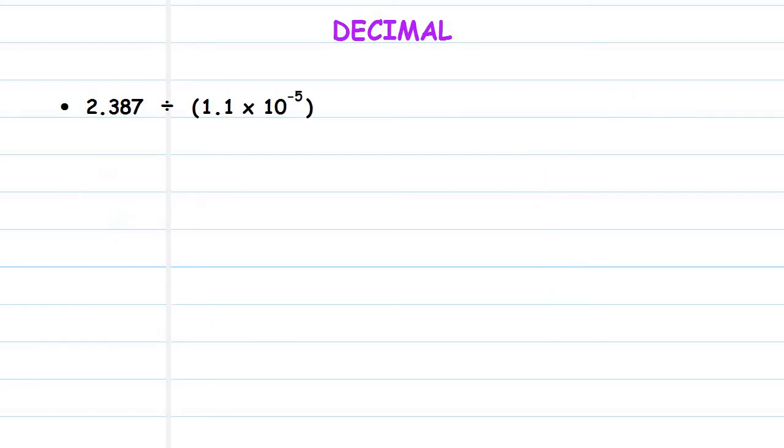Now let's try something that looks a little bit more complicated, but we can still use the same concept to solve this. This is equal to 2.387 over 1.1 times 10 to the negative 5. The first step is to try to convert the lower part to a whole number.